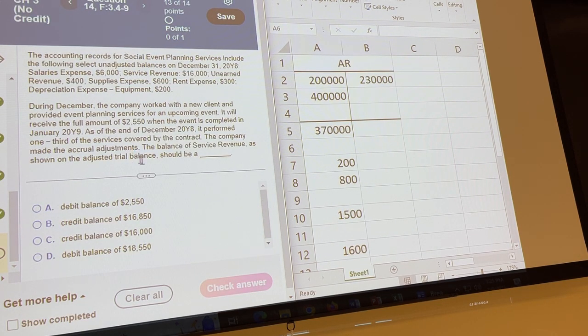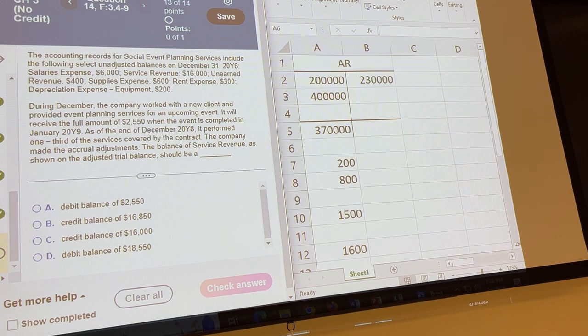Oh, okay, this one's a little complicated too. This is a social event planning service, they tell what the unadjusted balances are in various accounts. And then it says during December, the company worked with a new client and provided event planning services for an upcoming event.